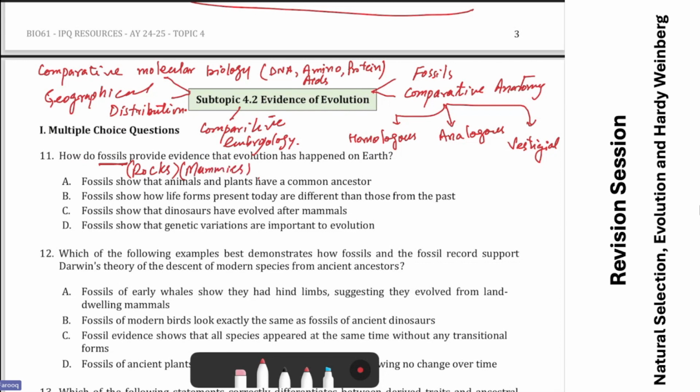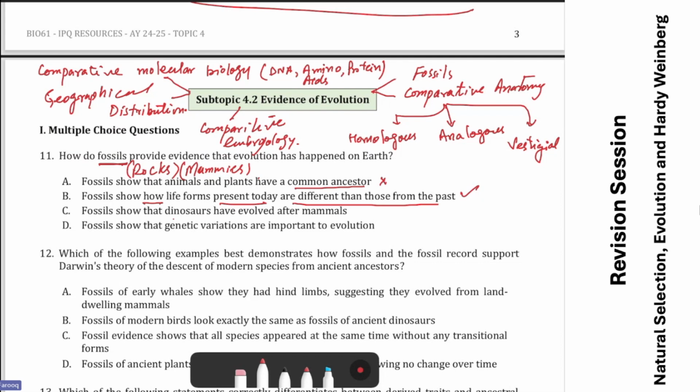Now, how do fossils provide evidence that evolution has happened on Earth? So we will say that fossils show that animals and plants have common ancestor. Of course, no. Fossils show how life forms present today are different from others. Yes, this is what we understand from the fossils.